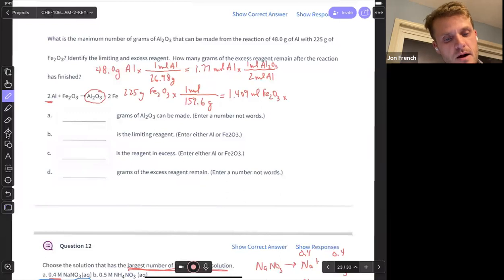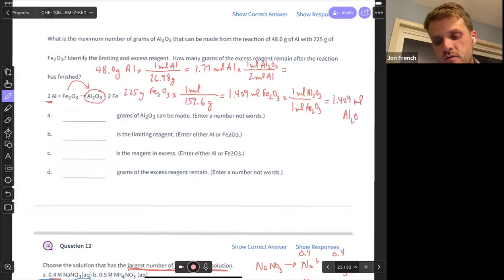And here, iron oxide to aluminum oxide is 1-to-1. So that one's not too hard. 1 mole of aluminum oxide for 1 mole of iron oxide. So I multiply, and I can make 1.409 moles of aluminum oxide based on the iron oxide in the reaction.